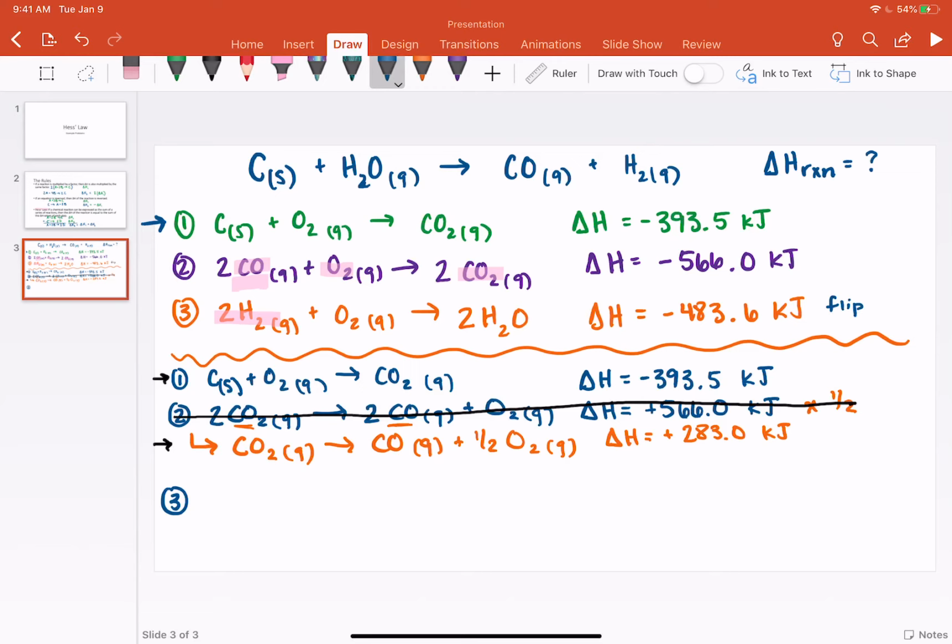And we also have 2 of them instead of 1, which means that we're going to have to multiply by 1/2, just like we did with the previous one. So I'm going to do all of that in one step. And when I flip that equation and multiply it by 1/2, that's going to give us H2O gas.